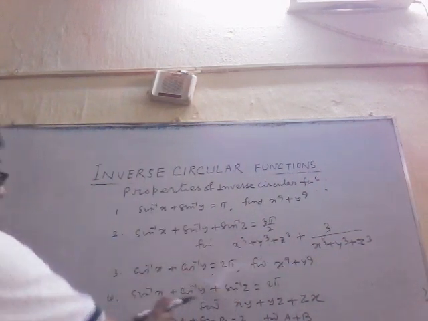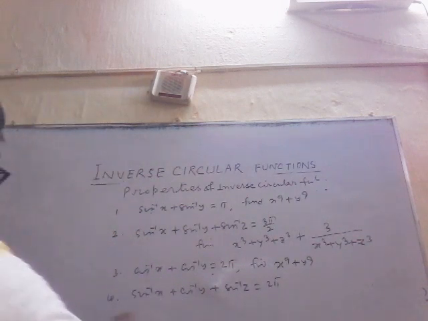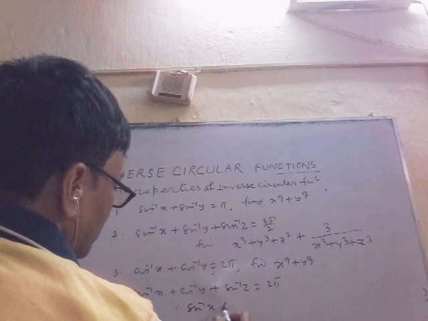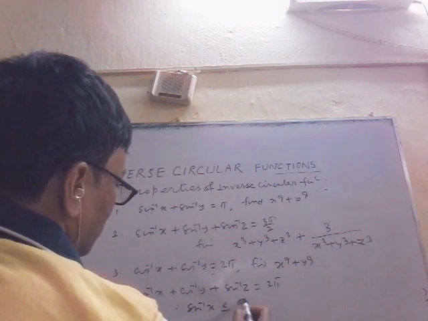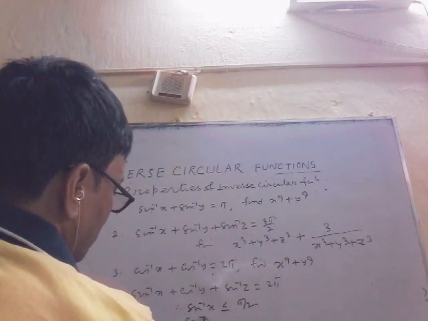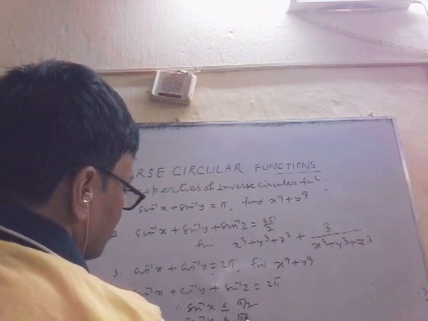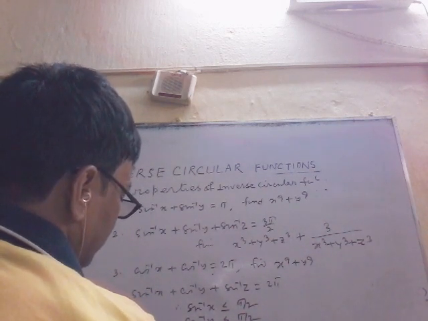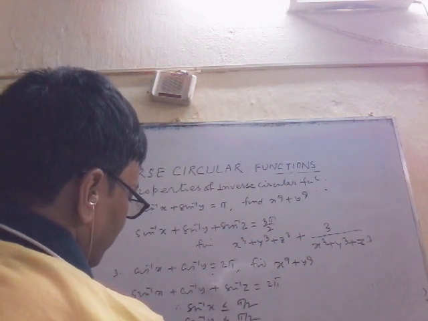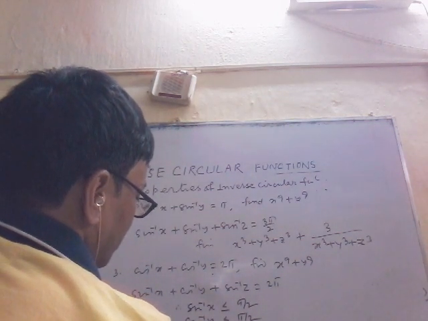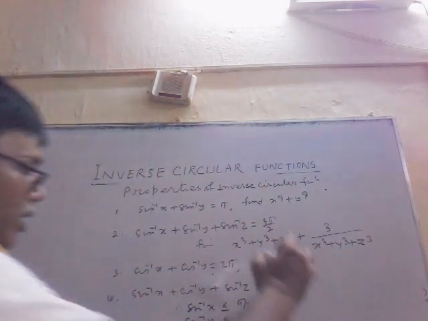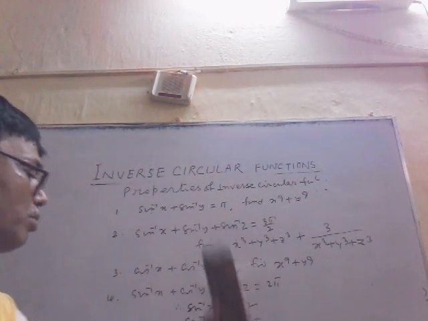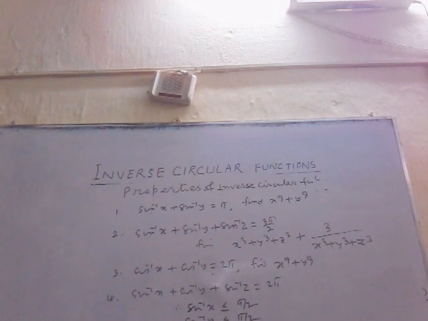We use these results. So problem number 1. Look, sin inverse x is less than or equal to pi by 2, sin inverse y is less than or equal to pi by 2. So if you add these results, you get less than or equal to pi. So what is the maximum value? The maximum value is pi.